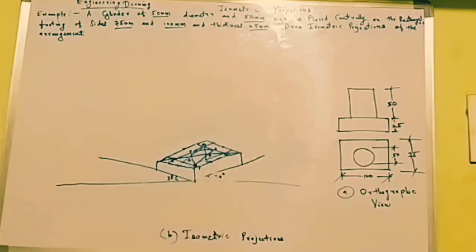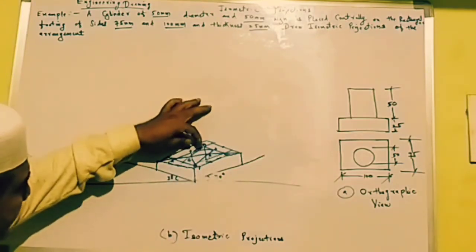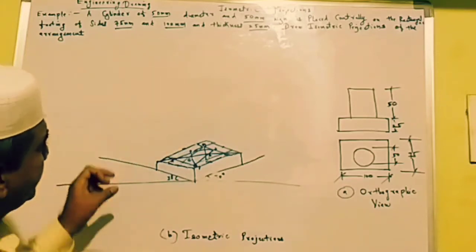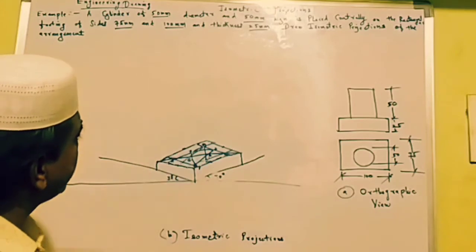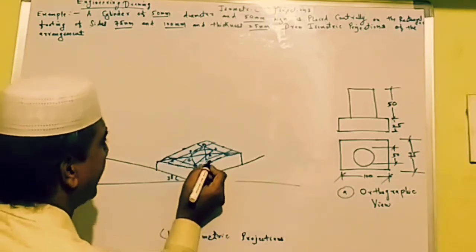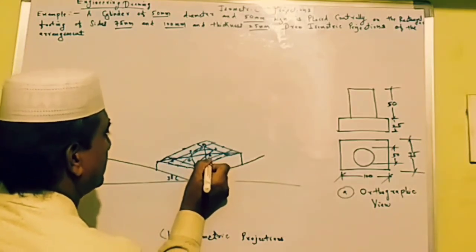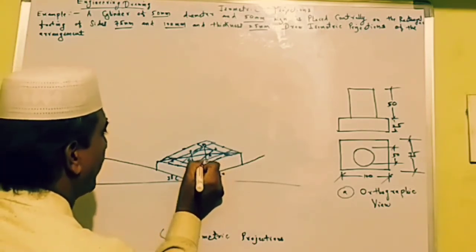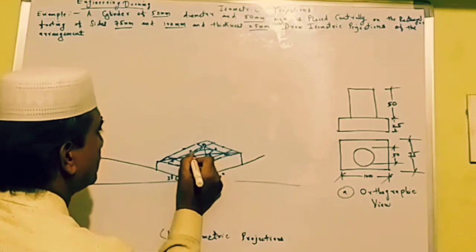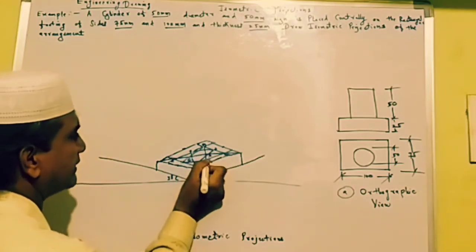With D as center and D1, D2 as radius, we have to draw arc 2, 1. This is arc 3, 4. This is arc 2, 1.